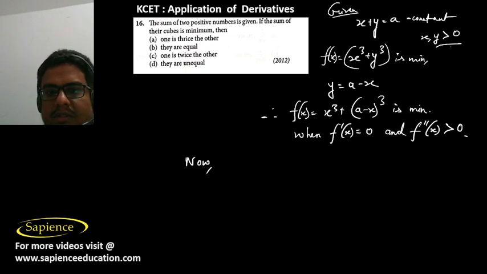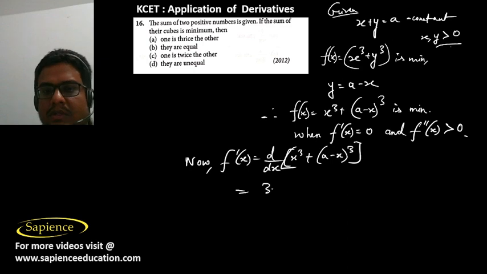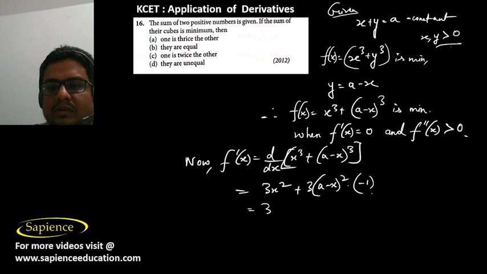Now f dash x will be equal to d by dx of x cube plus a minus x whole cube. This will be equal to 3x square plus 3 into a minus x whole square into d by dx of a minus x, which is minus 1. This is 3x square minus 3 into a minus x whole square. This is f dash x. So that will be equal to 0.